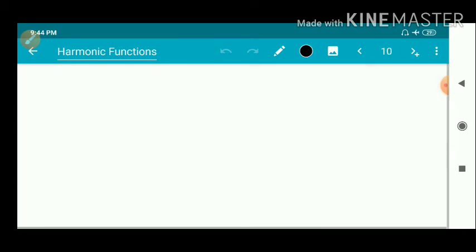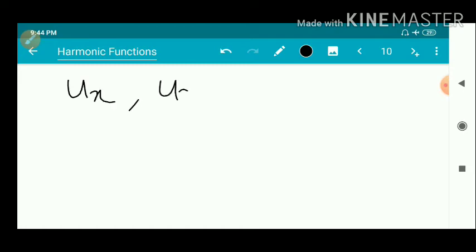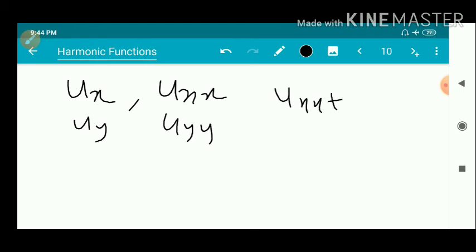We can do this in two different ways. That is, we find ux and uxx. Similarly, uy, then uyy. Then by adding uxx plus uyy, we get 0. Then we can prove that u is a harmonic function by the definition of harmonic function.